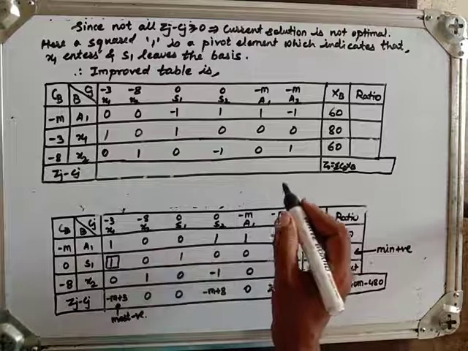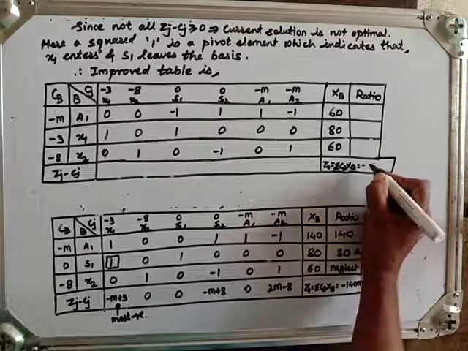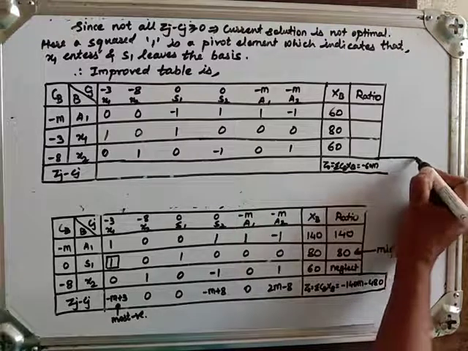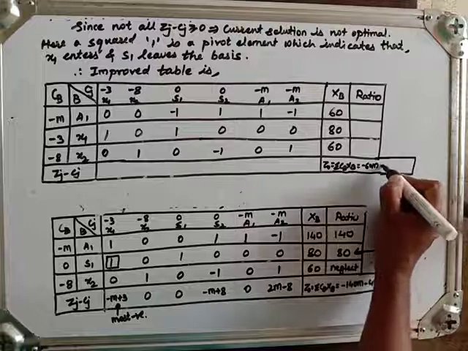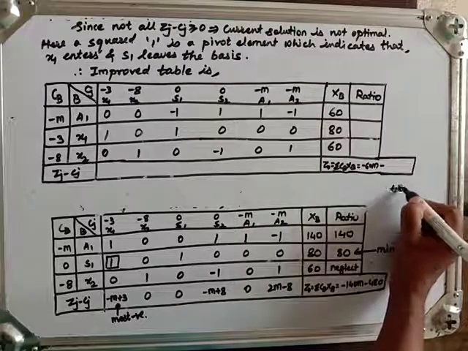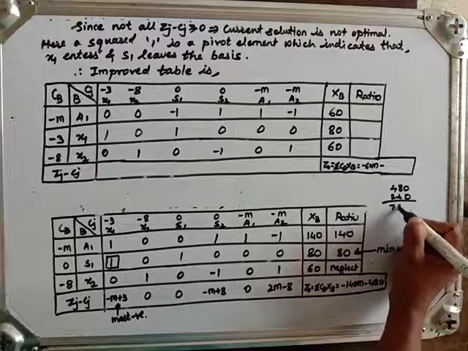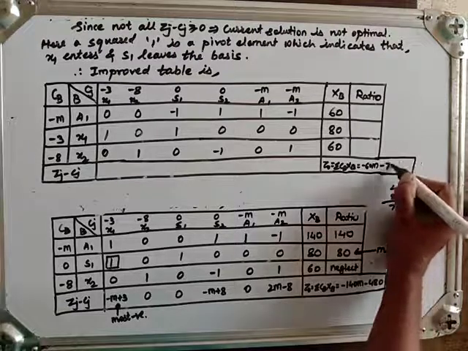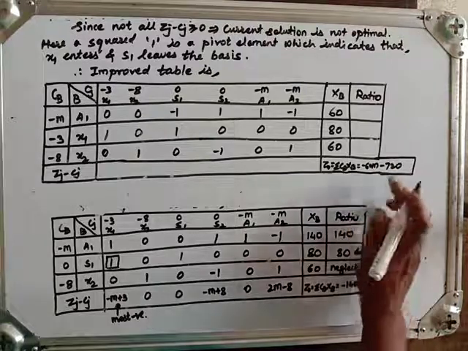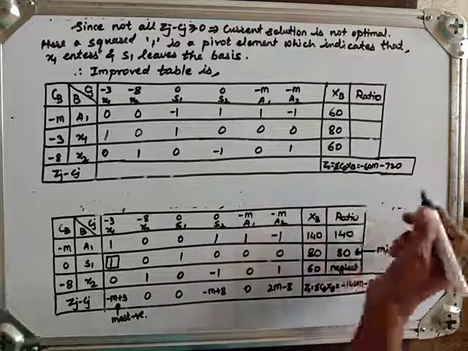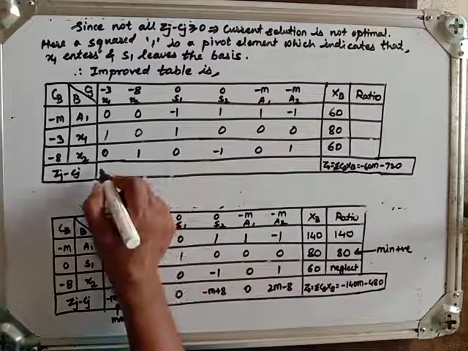So the total will be minus 60m, and this is 480 and 240, so it will be 720. So we get minus 720. This is minus 60m minus 720.